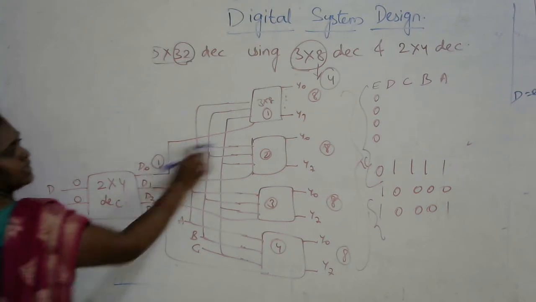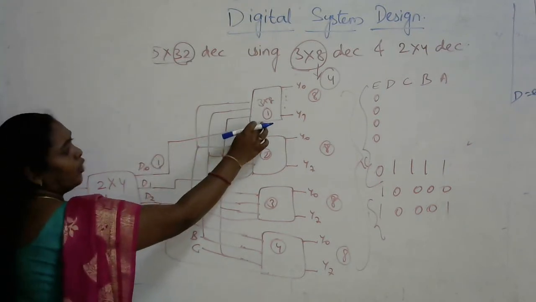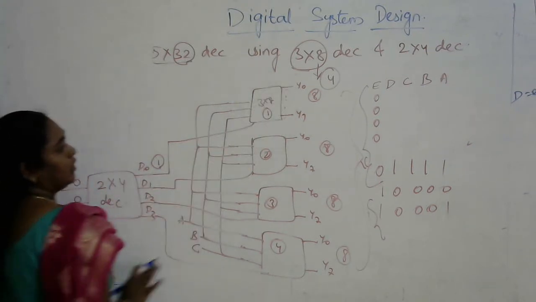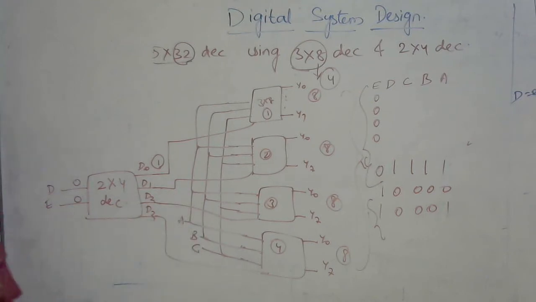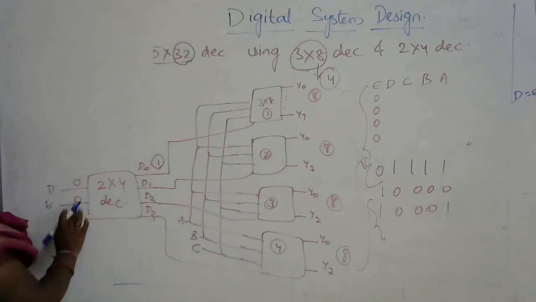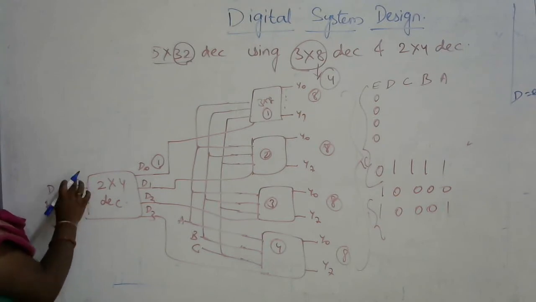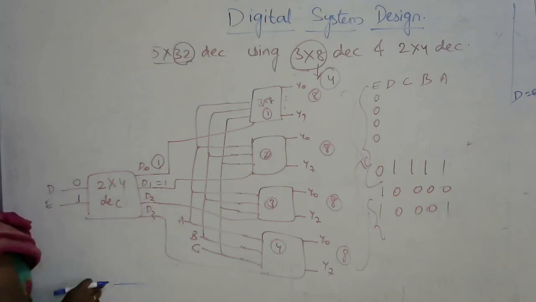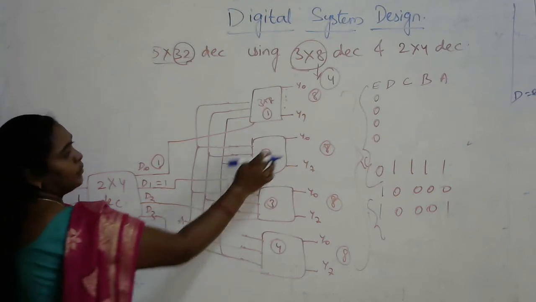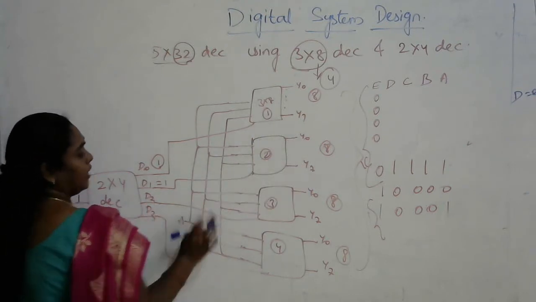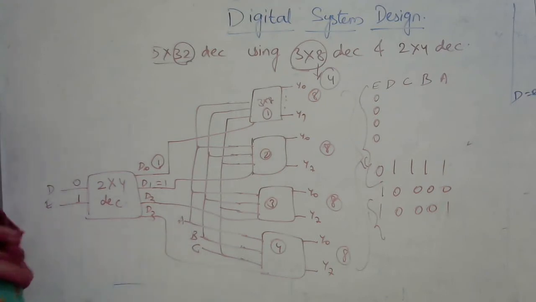As D0 is connected to the first decoder, the output will be between Y0 to Y7 depending upon the A, B and C values. Similarly, if D and E values are 0, 1, that itself indicates D1 is 1, as D1 is in the second decoder, the outputs are between Y8 to Y15 depending upon A, B and C values.